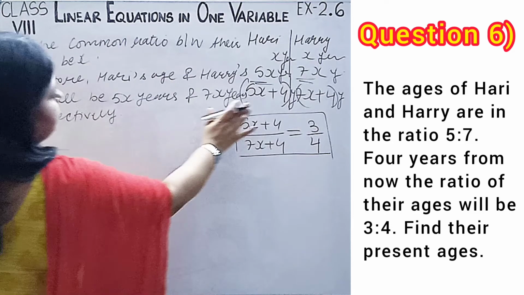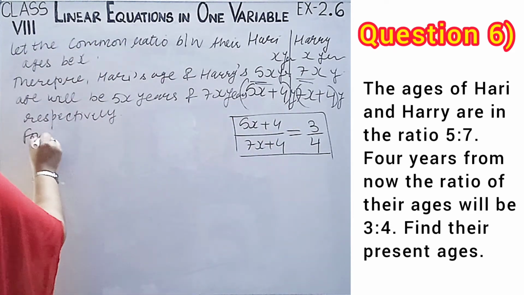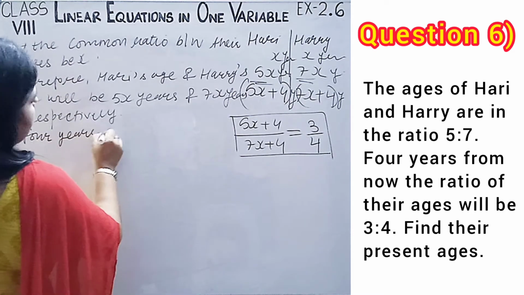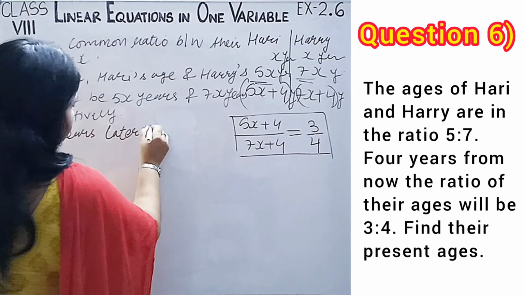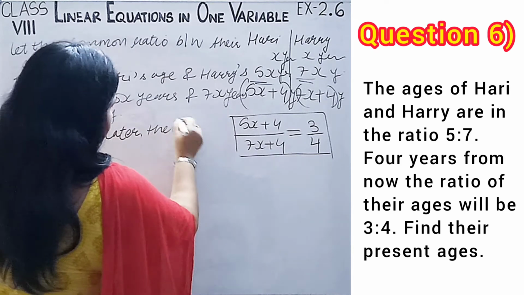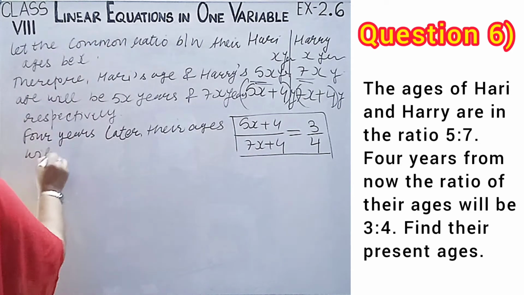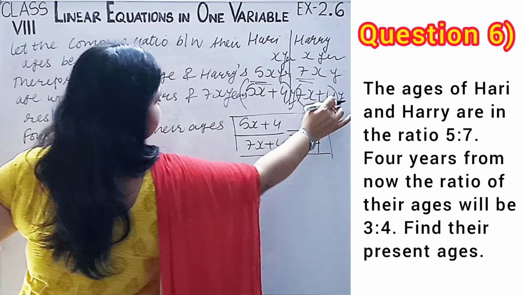So after 4 years, we added here 4 years from now, their ages will be 5x plus 4 and 7x plus 4.